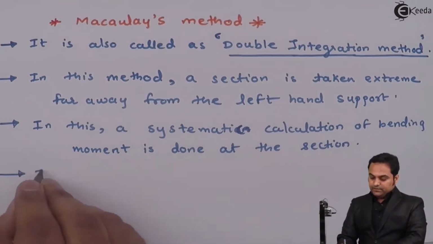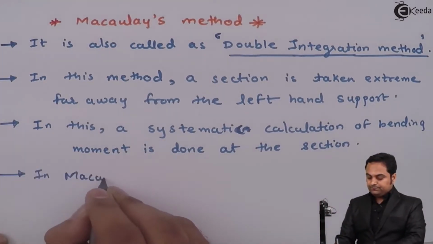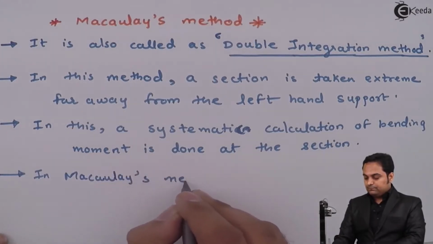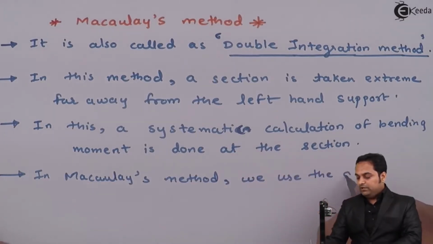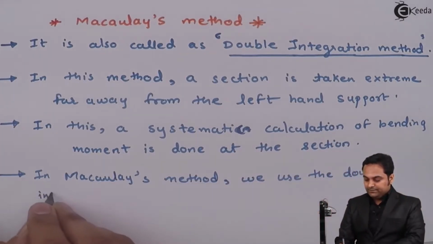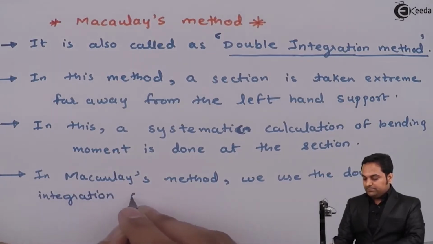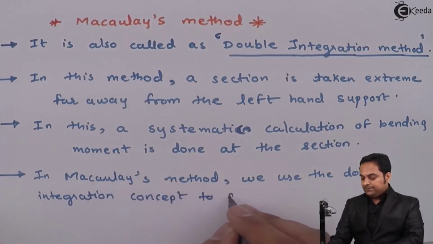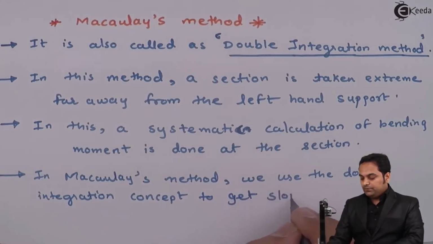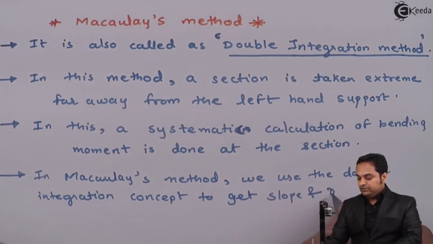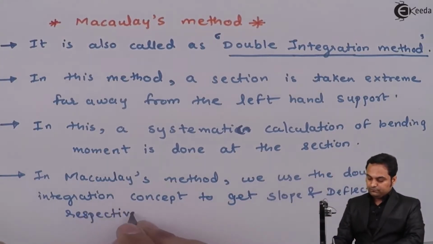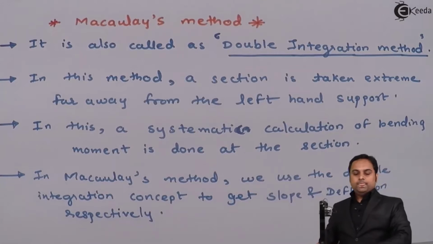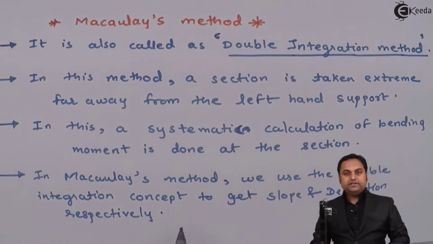Next, in Macaulay's method, we use the double integration concept to get slope and deflection respectively. So in Macaulay's method, we use the double integration concept to get slope and deflection respectively.